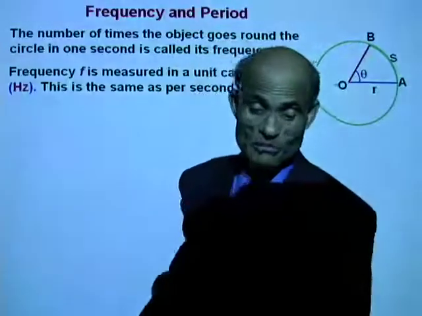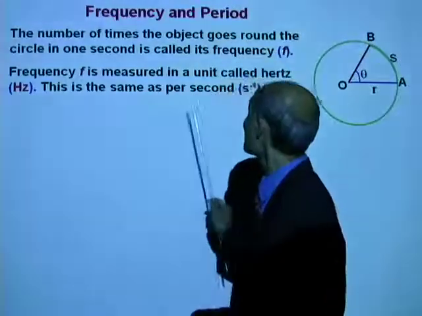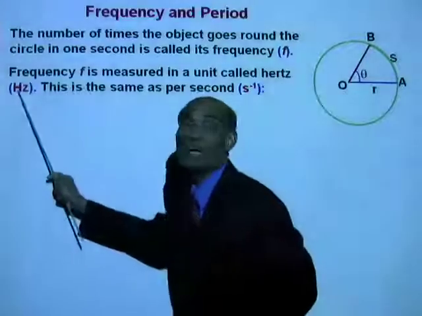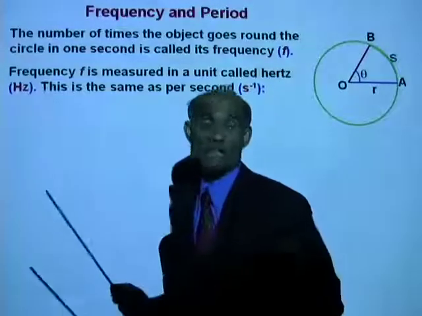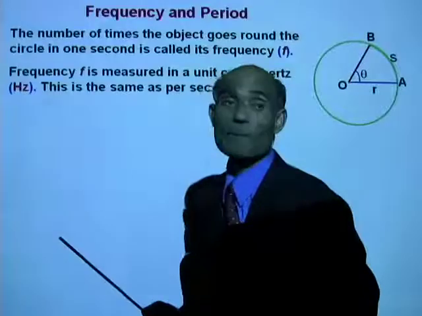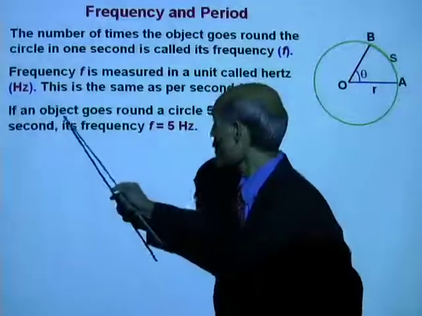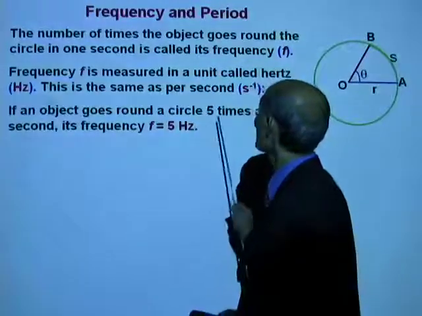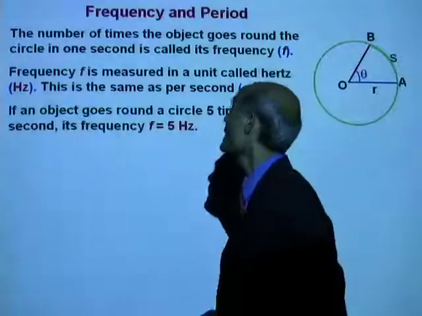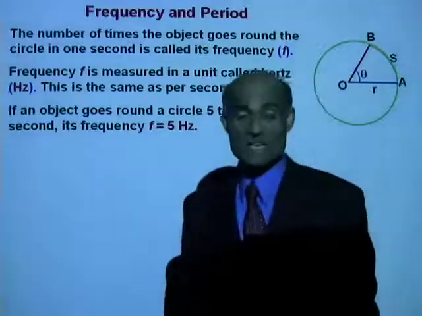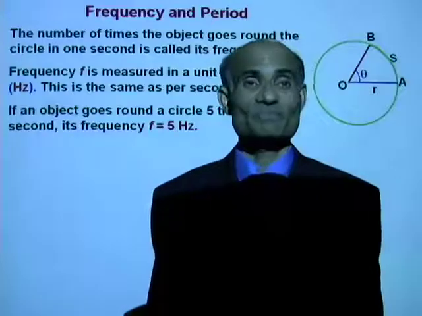So the unit of frequency is hertz. And how do you write hertz? Uppercase H and lowercase z. If an object goes round a circle 5 times a second, its frequency is 5 Hertz.